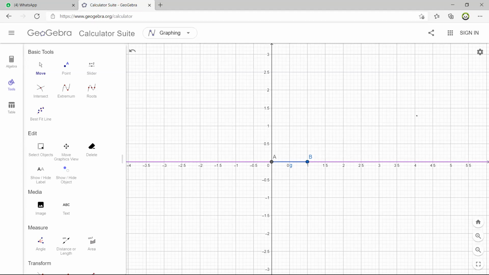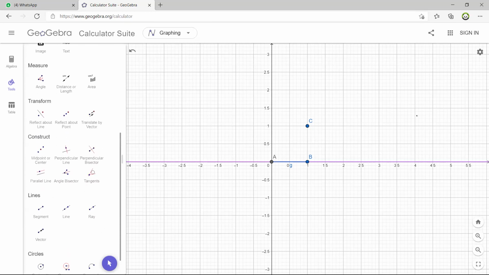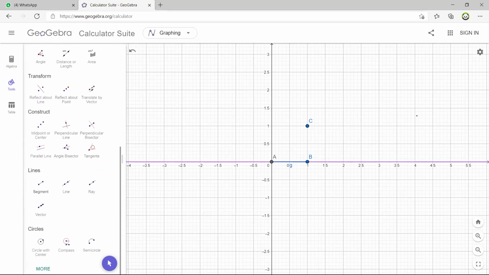Okay. So we have one side of the triangle, and that one side is AB. Now we need to make the other side of the triangle. The other side has to be of 1 unit, because you see the length of AB is 1 unit. So the length of the other side also has to be 1 unit. So I'm going to make the other side now.